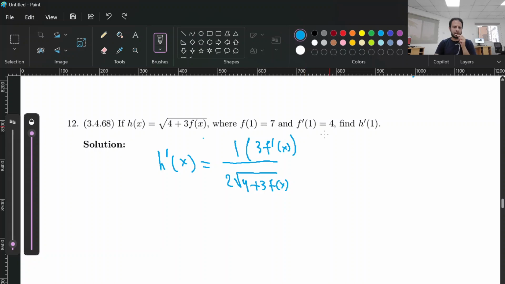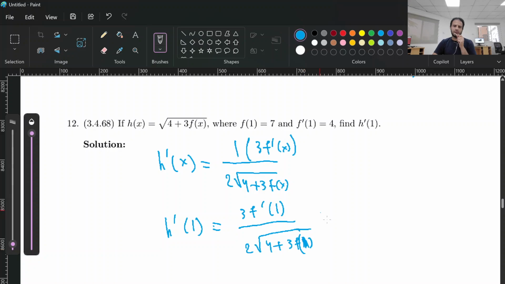Now, we want h prime of 1, right? So h prime of 1 equals 3 f prime of 1 over 2 square root of 4 plus 3 f of 1. F normal, not prime. Thank you.